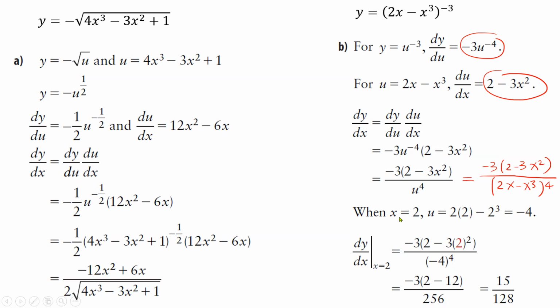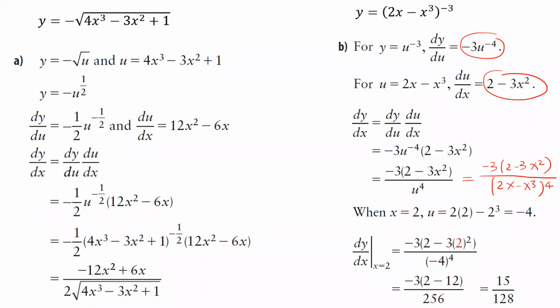So when x equals 2, you can plug x equals 2 into that expression, then evaluate dy by dx at x equals 2, which is actually 15 over 128. Okay, so I'll give you 3 minutes to have a look at the solution here. Any questions, just let me know, okay?